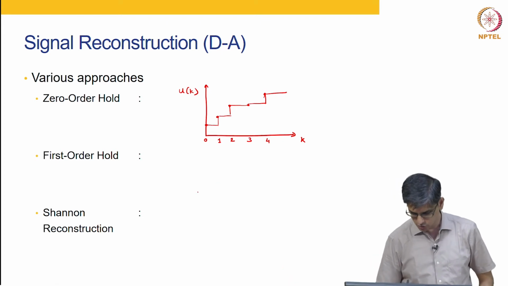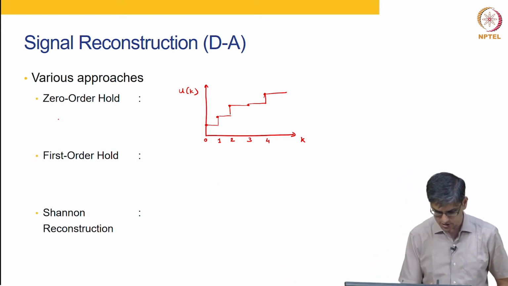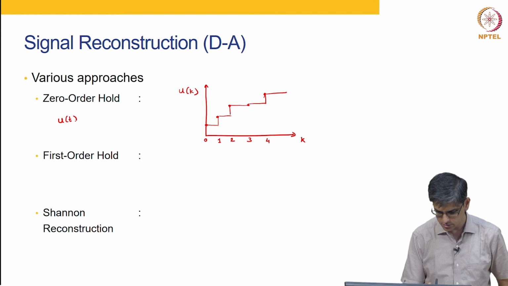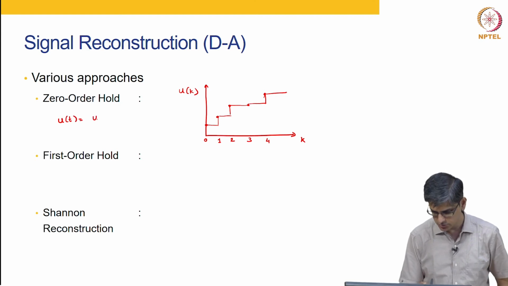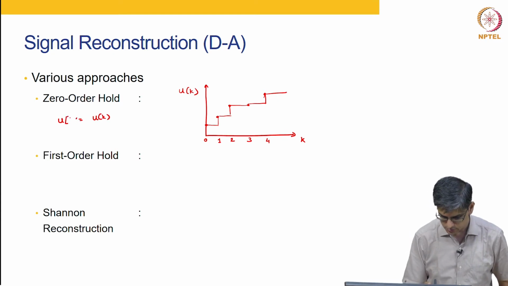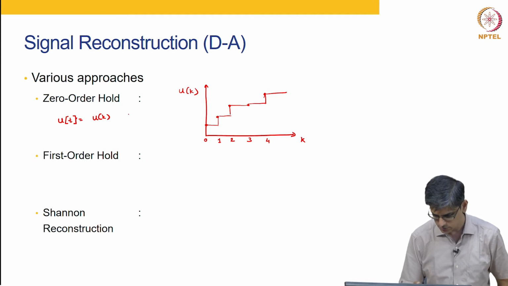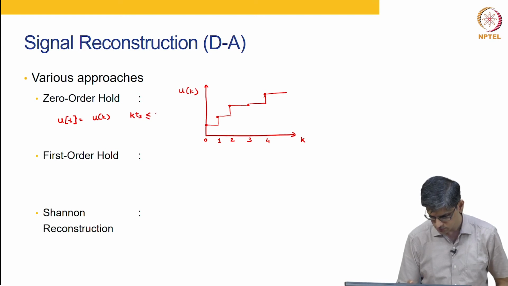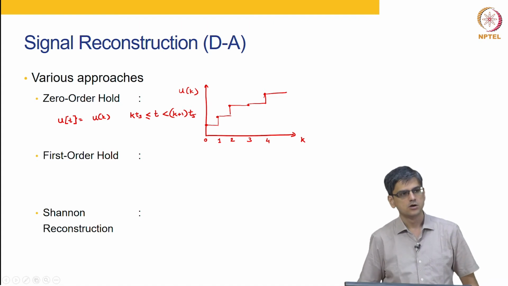So, what would a zero order hold reconstruction look like? u(t) is equal to u(k).